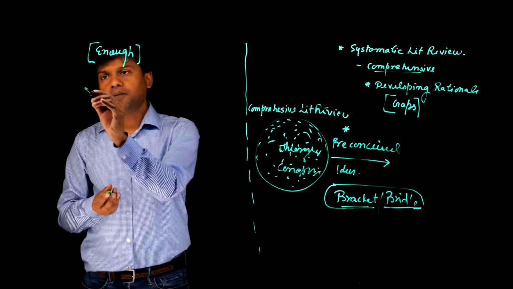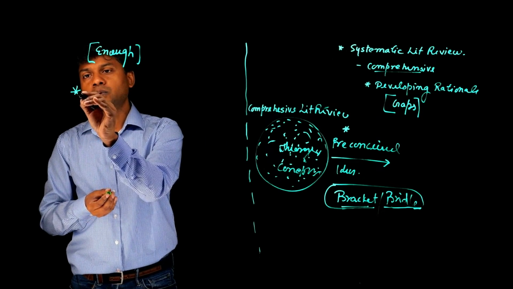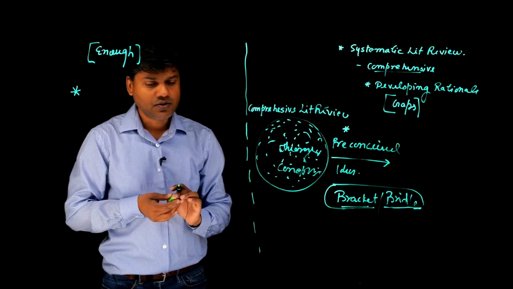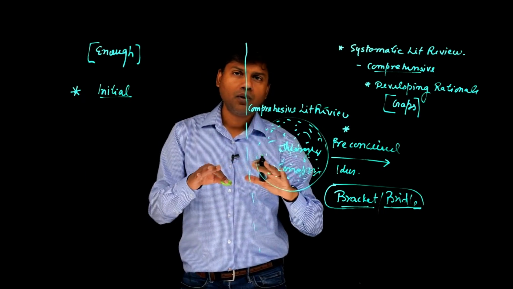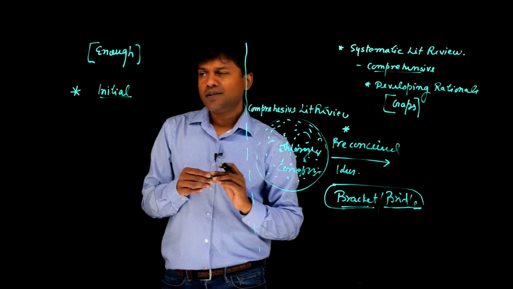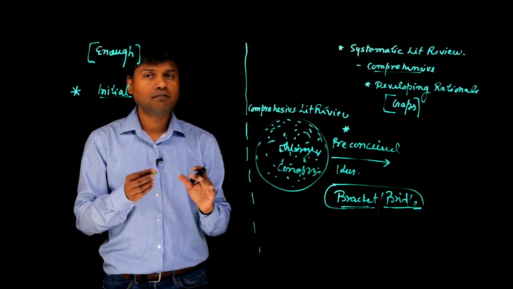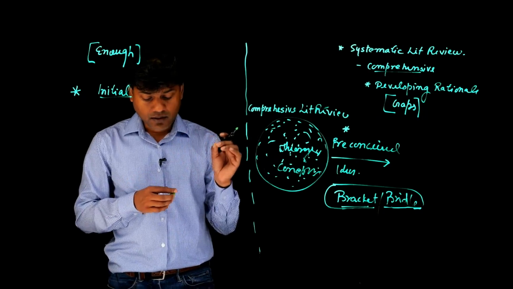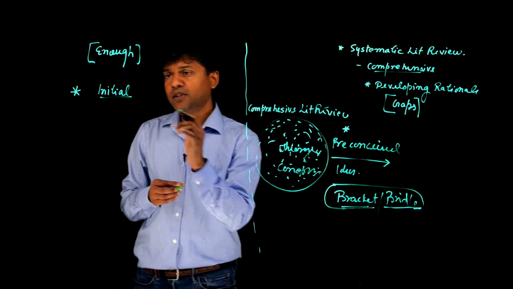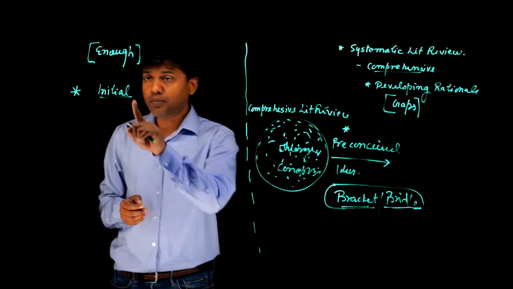So the first thing we recommend is to look at some major things related to the phenomenon that are there in the literature, but don't go into depth. Rather than initial, I think I should say partial.